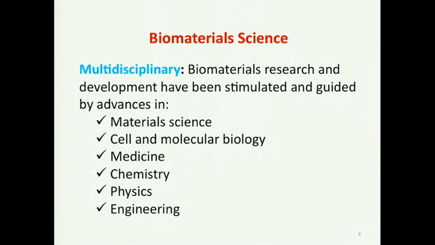Biomaterials science is a multidisciplinary field. The research that we do has been stimulated and guided by advances in so many fields. One of the most important things is the feedback we get from you guys, because otherwise we don't know what to design. So we need the feedback from you on what you need in the clinic so that we can design systems towards that.